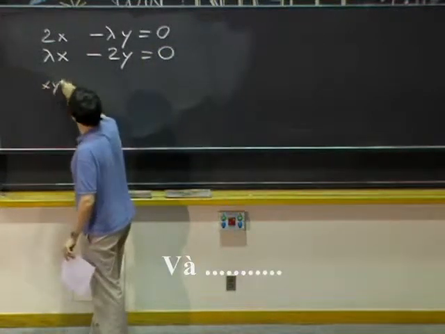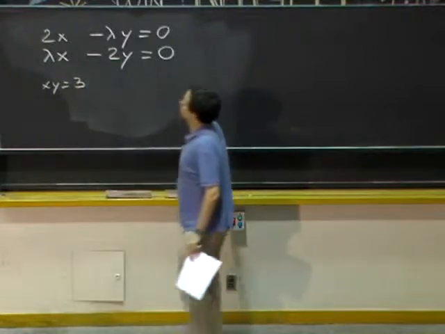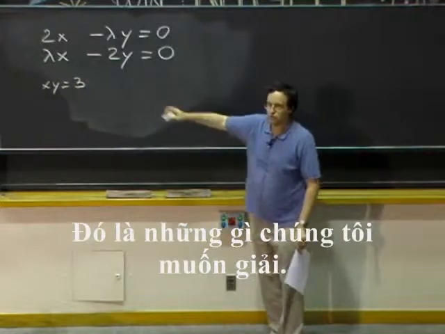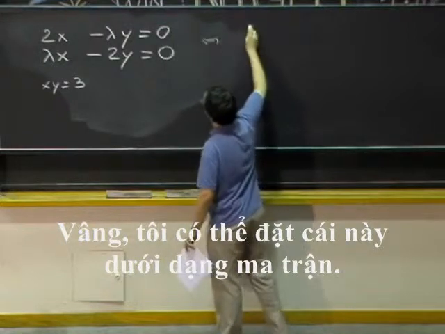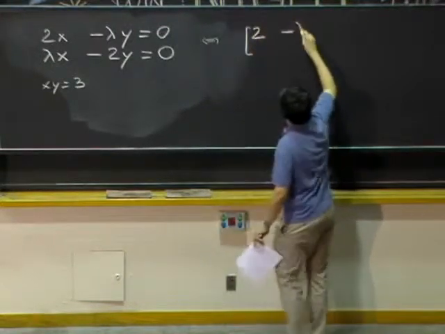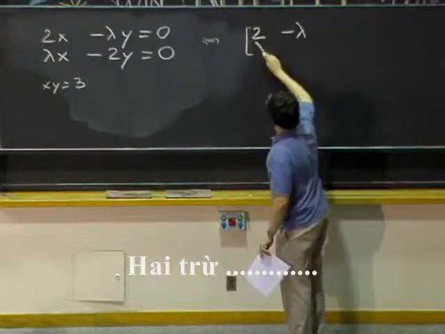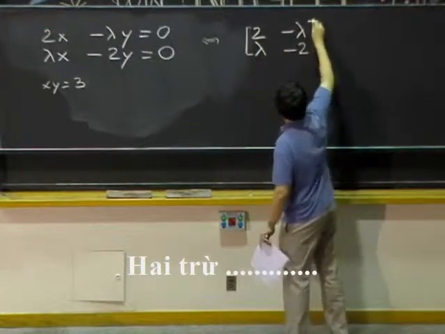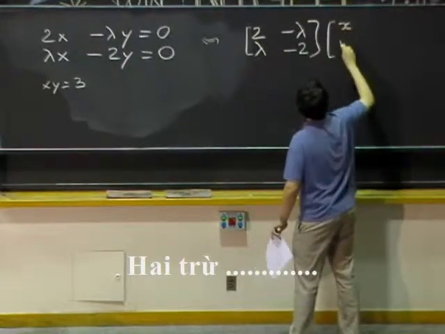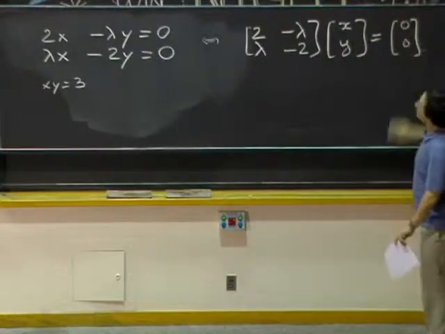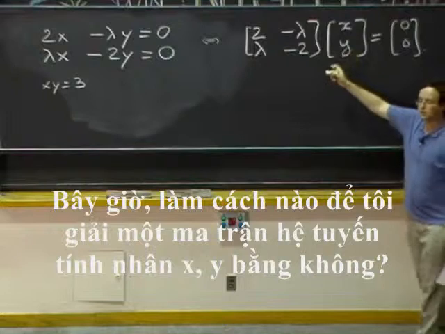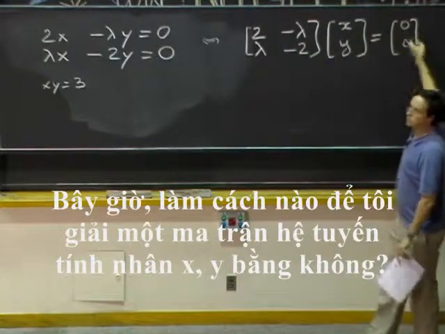Okay, and xy equals 3. Right? That's what we want to solve. Well, I can put this into matrix form: the matrix with rows (2, minus lambda) and (lambda, minus 2), times (x, y) equals 0.